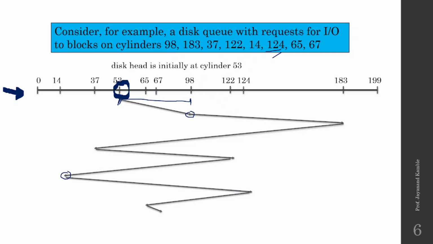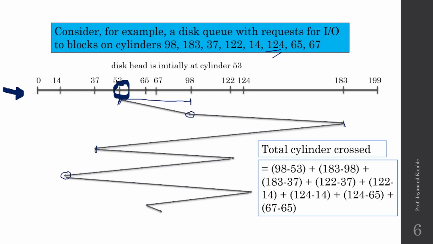Then from 98 to 183: 183 minus 98. Then from 183 to 37: 183 minus 37, and so on. We calculate the total in this way: 98 minus 53 plus 183 minus 98 and so on.